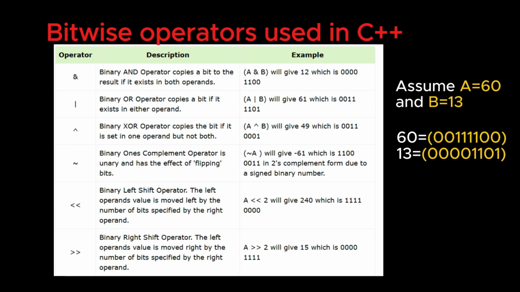This means that we take the value and move it left by two bits. The last one is the binary right shift operator. The left operand value is moved right by the number of bits specified by the right operand. So here A right shift 2 will give us 15 in decimal form, which is 0000 1111 in binary form.